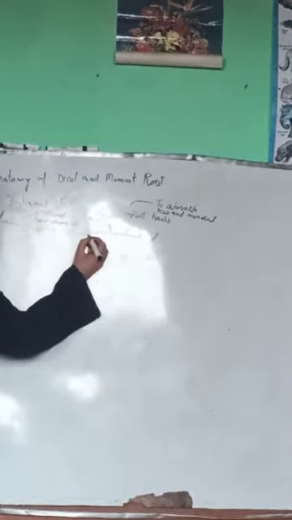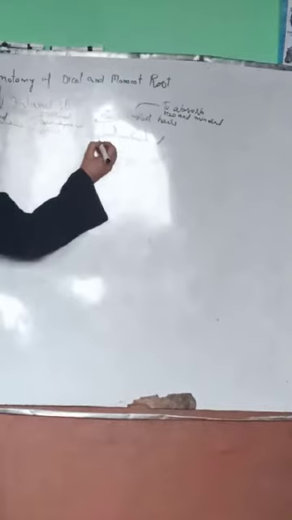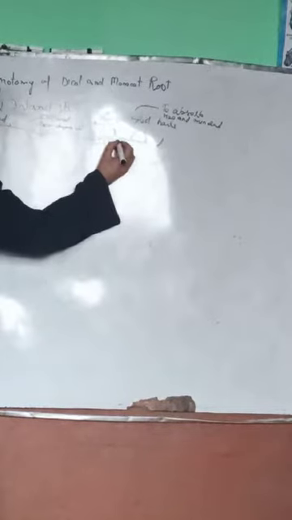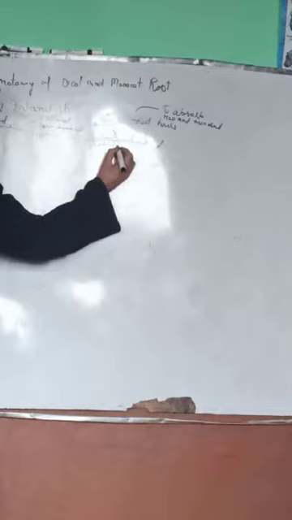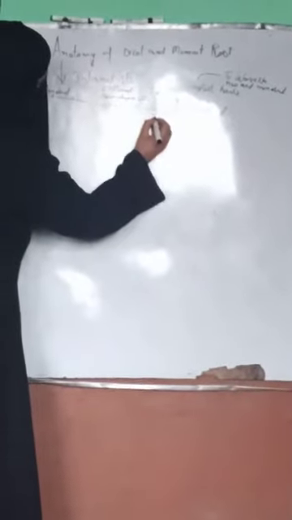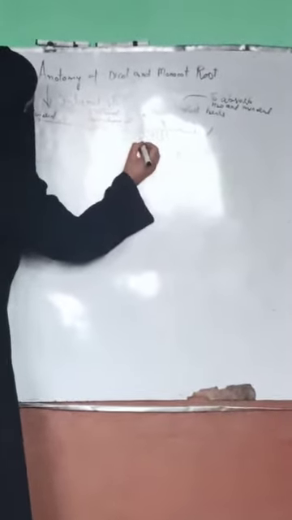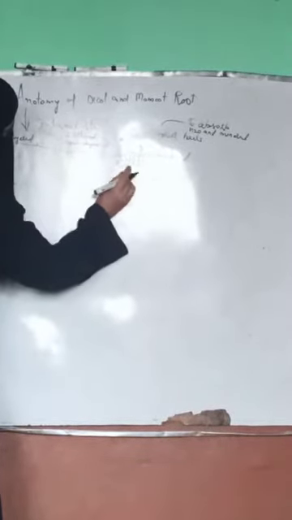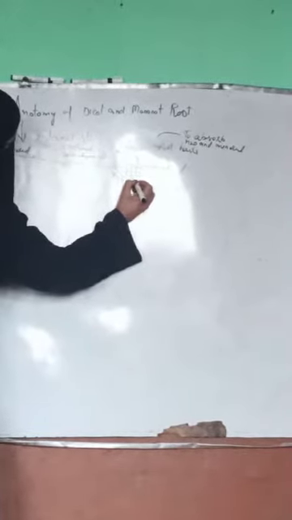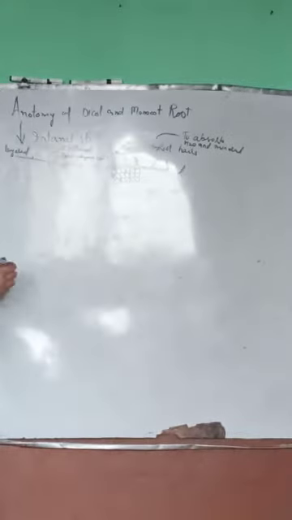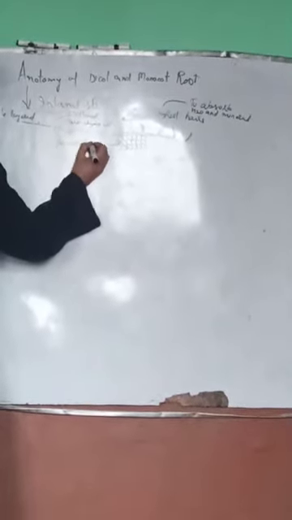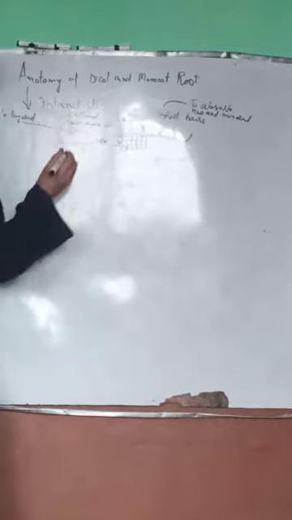Then there are cells like this, which we call parenchyma cells. This region is called the cortex.